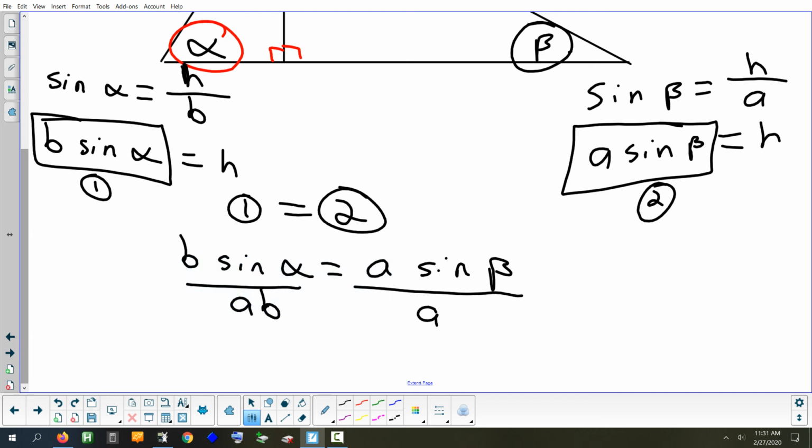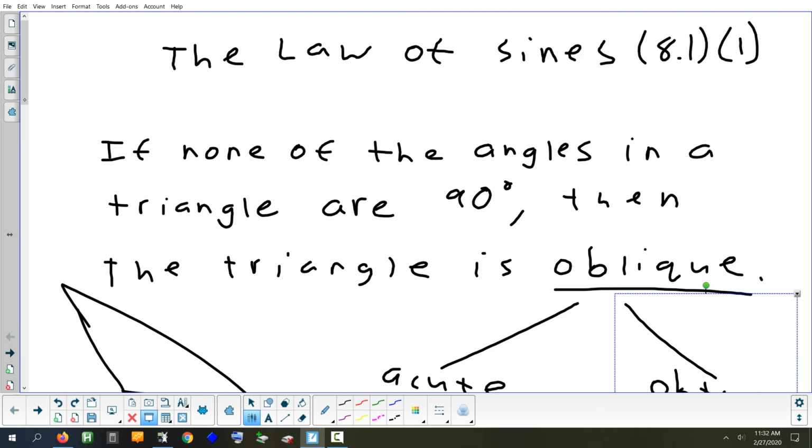Divide by B. So what you're left with is sine of alpha over A equals sine of beta over B. That's a proportion. And that's most of the law of sines. There's one more fraction you can add onto the end of it, which we're not going to go through again. But I think if you can see the pattern there, you can probably guess what the last fraction would be.